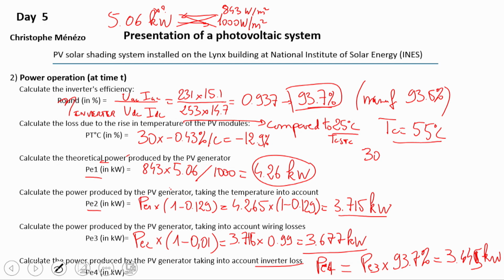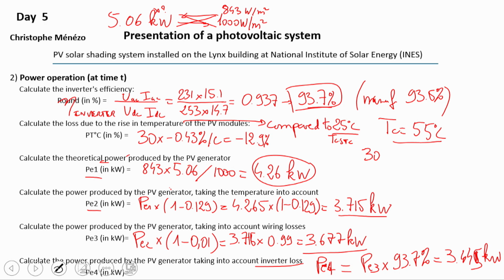Is there some mean to check I have not committed some error in my computation? There is one mean to check that there is no error in my computation. Or it could be that, for example, the cables are not generating 1% of loss, but maybe more.